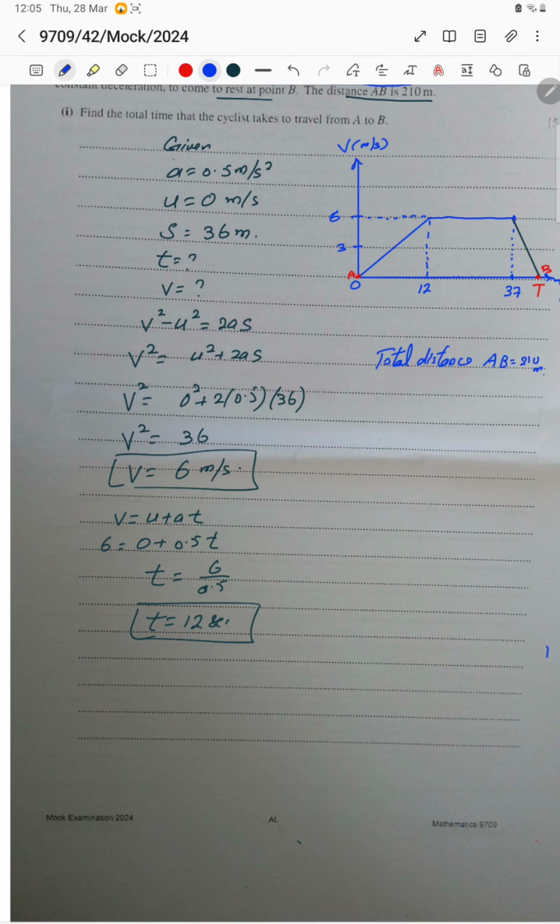I wrote it here, this is given. So from the figure, let me do it here, I make two parts. So from the figure, I know the total distance is what? The area under the VT graph represents distance. This one A2 and A3, right?